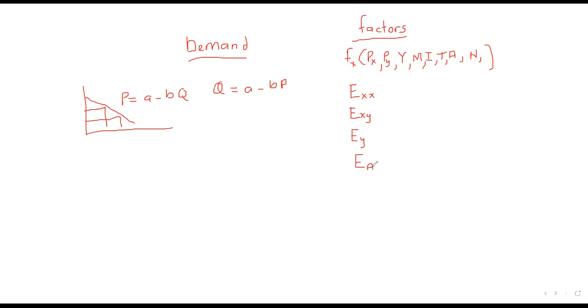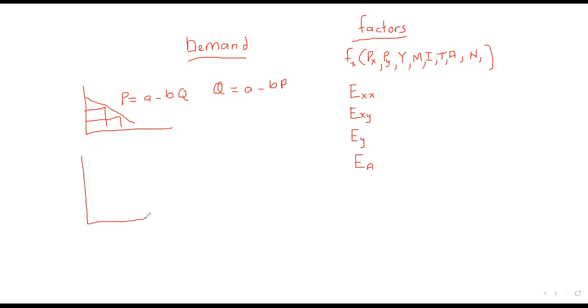Now, the factors that affect demand are very important because they predetermine how much of a commodity you're going to buy. If the price is high, you're going to move along the demand schedule.